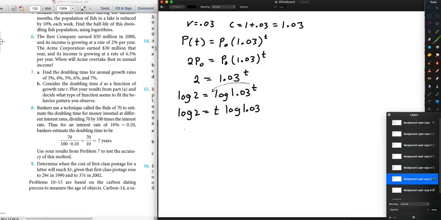Divide both sides by log 1.03 for t. Drop that into your calculator. And what do we get for that? We get t equals 23.4498.